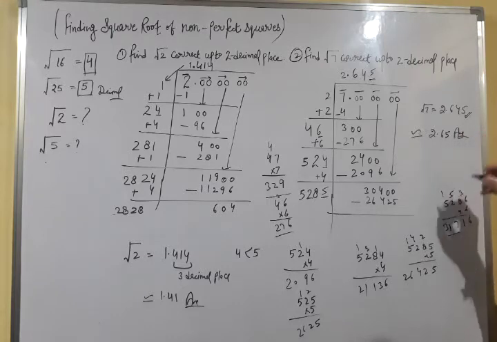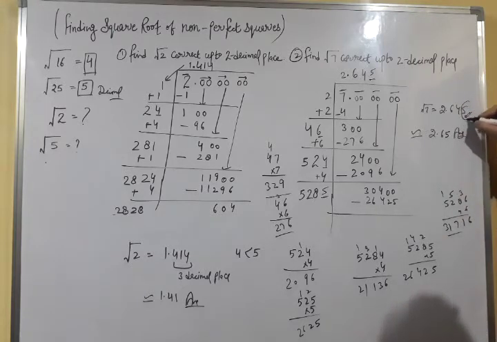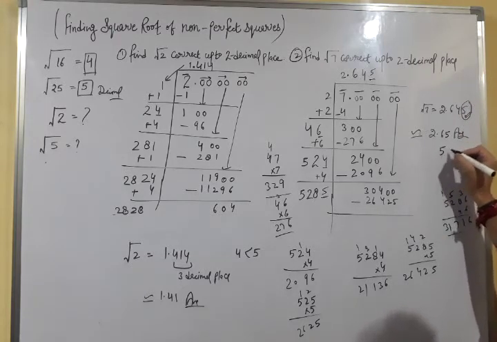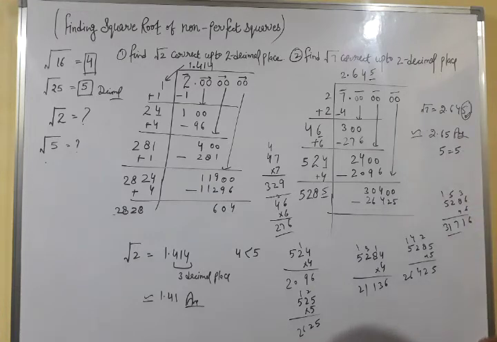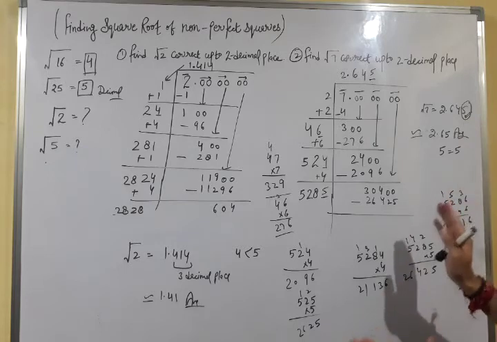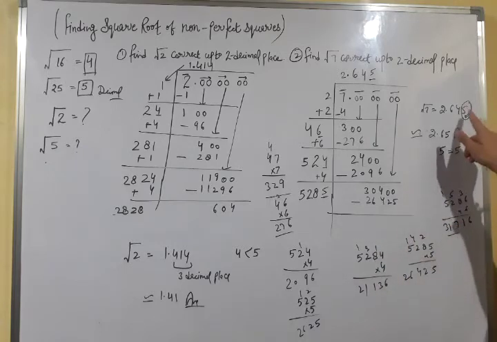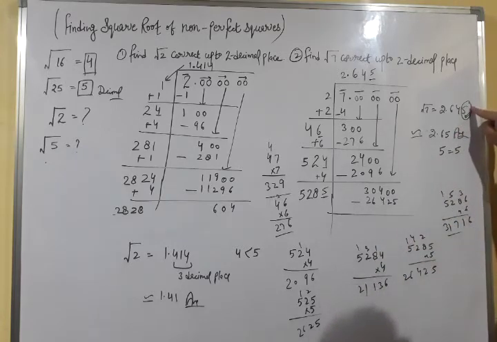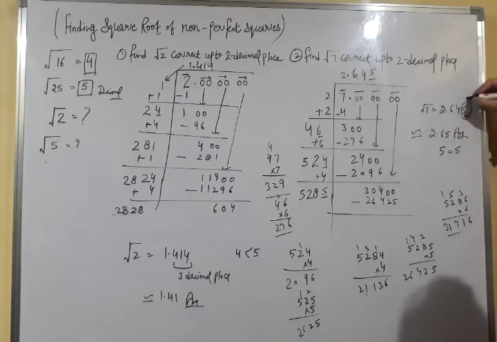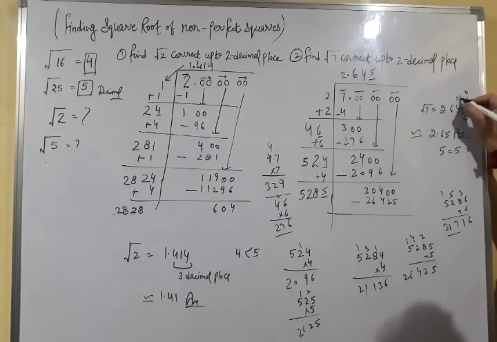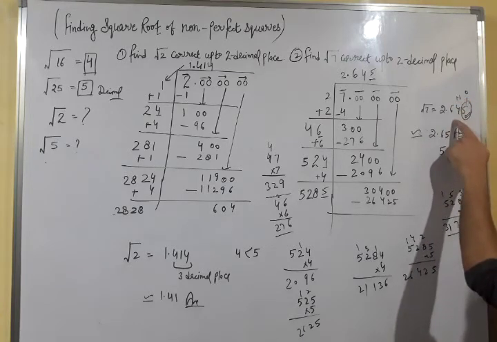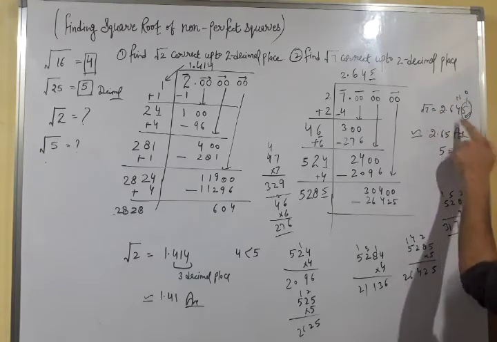Why? Because the digit at the third place is 5. If the digit at the third decimal place is 5 or greater than 5, then we put that digit equal to 0. That 5 will become 0 and we will add 1 to the previous digit. 4 plus 1 is 5. So the final answer will be 2.65.